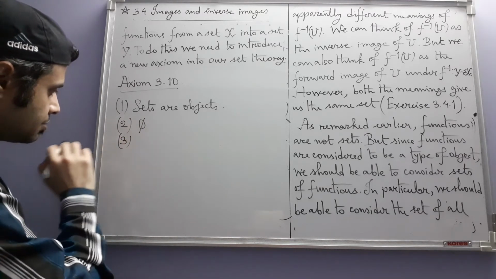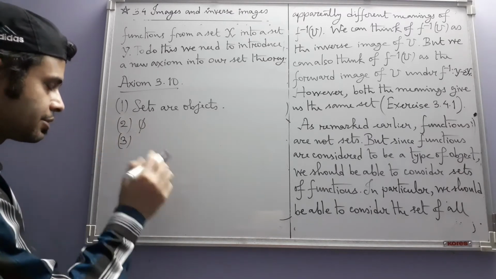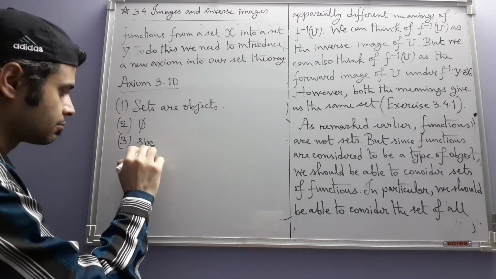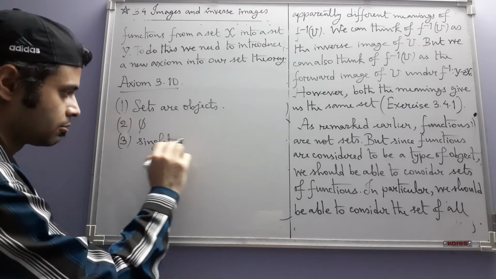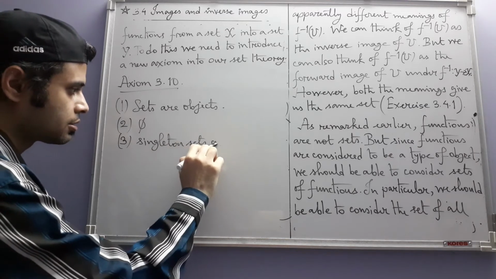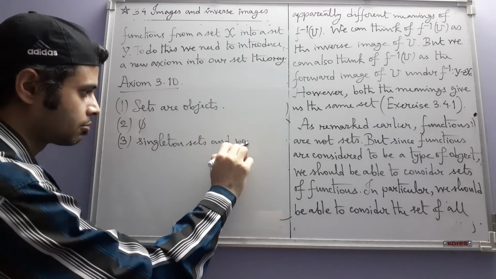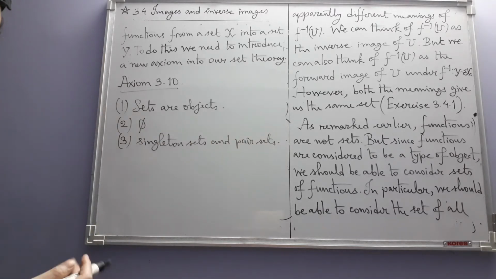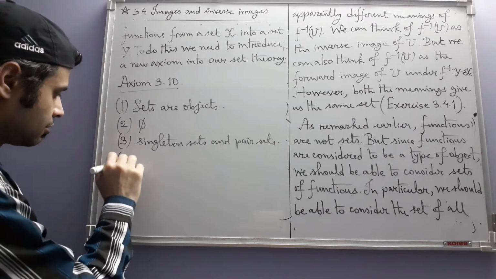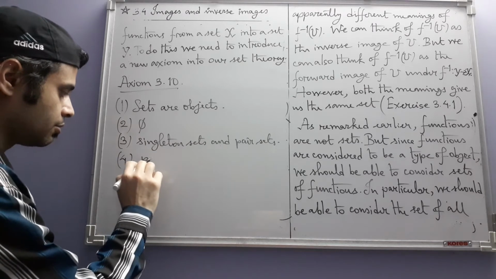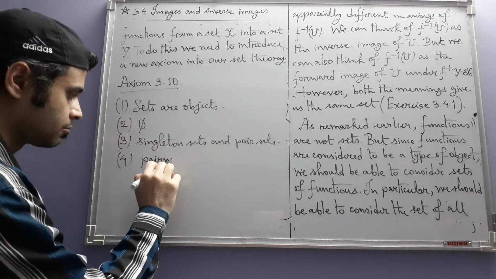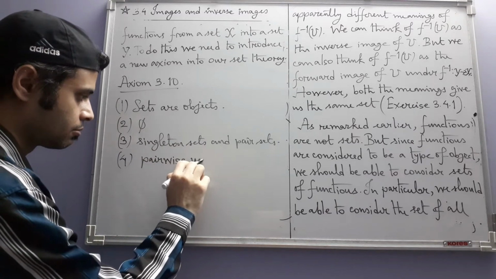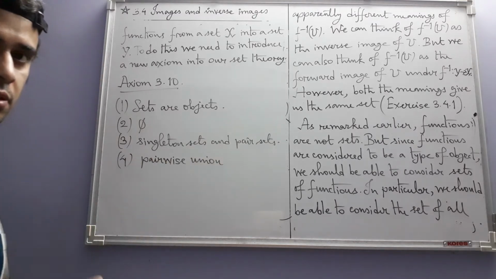The third axiom is the axiom of singleton sets and pair sets. They exist. The fourth axiom is the axiom of pairwise union.